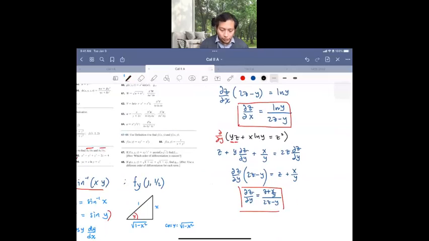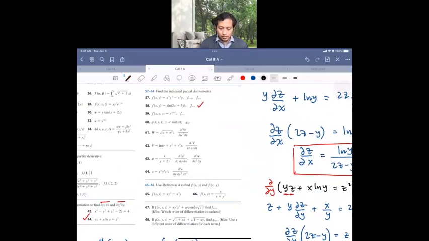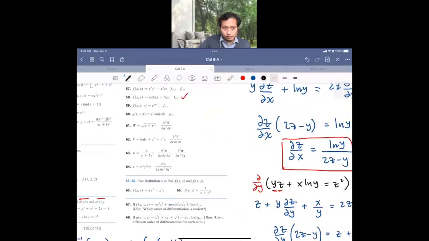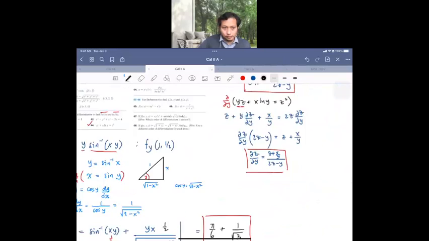Okay, one more question. This is the higher order derivative. So it has three derivatives. So third derivative with respect to y, x, and y. I think it's not too difficult, right?